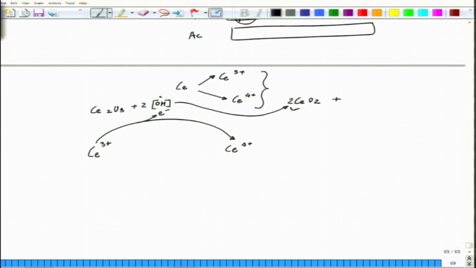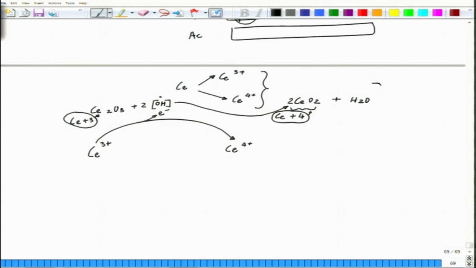This is oxidation state 4+ of cerium, and here you have cerium in the 3+ state, plus 4+ state, plus water, H2O.